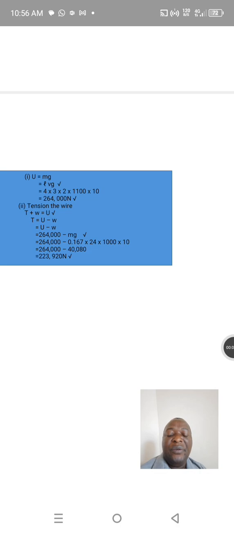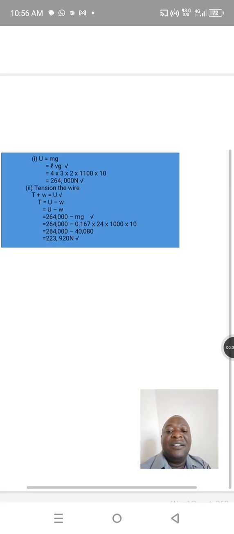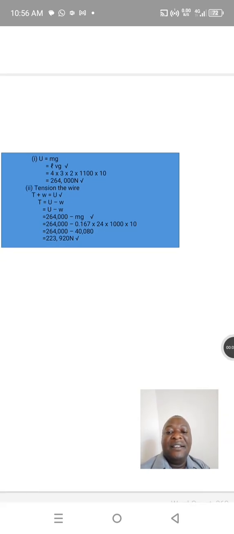And how do we find the weight? We take 0.167, convert it into kilograms per cubic meter by multiplying by 1,000. Then the volume is 24, then times g, which is 10. And this gives us 40,080. So the upthrust minus the weight gives us a tension in the string which is 223,920 newtons.